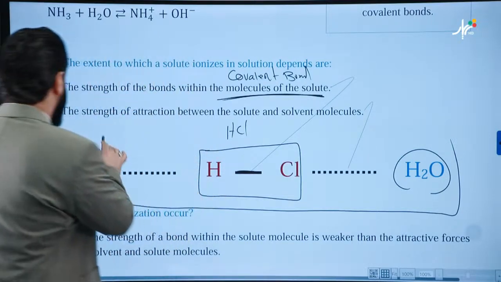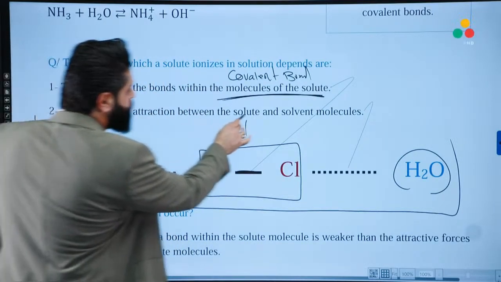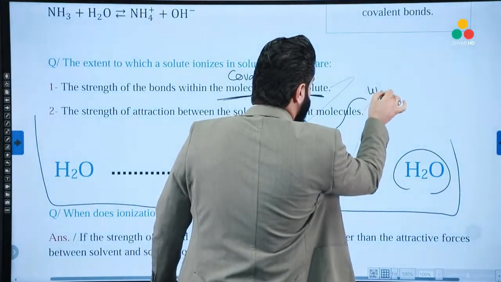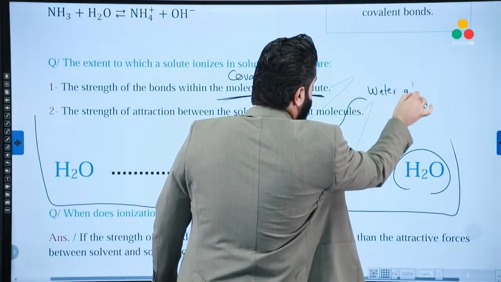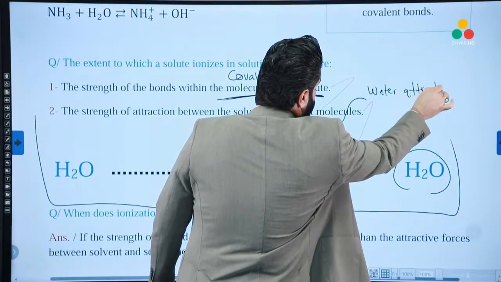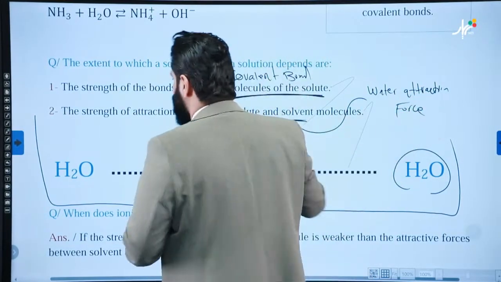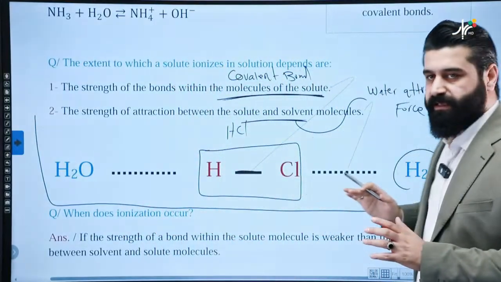And the next one, the strength of the attraction between the solute and solvent, also called water attraction force. So we have the following two forces that compete with each other.